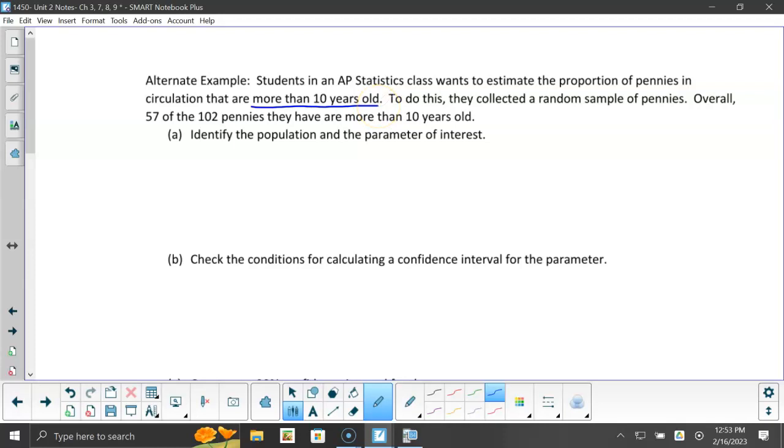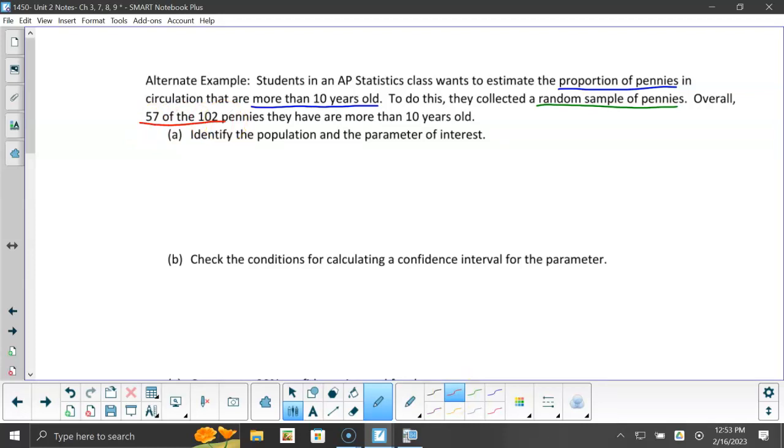I want to figure out the percentage of pennies that are more than 10 years old. To do this, they collected a random sample of pennies. That's important. Overall, they found that 57 out of the 102 pennies were more than 10 years old.